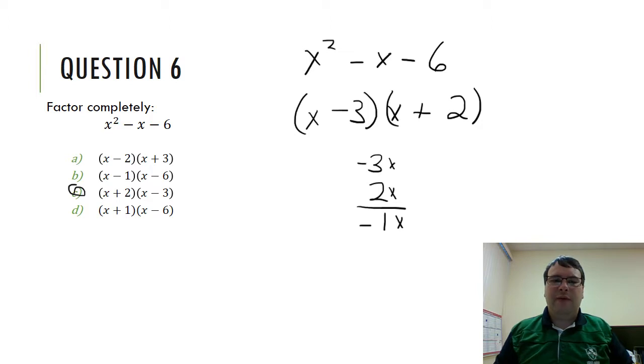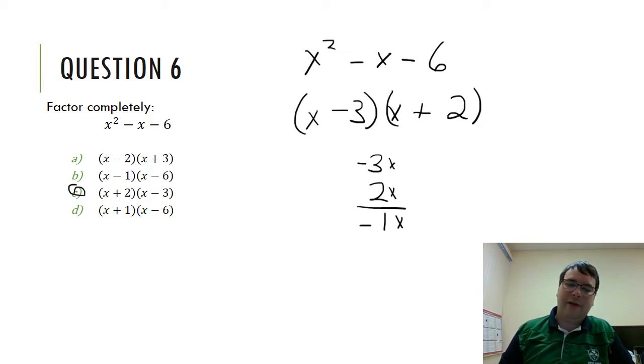Let's look at number 6. It says factor completely, and then it gives us x squared minus x minus 6. So I'm dealing with x squared minus x minus 6. Well, since we're factoring, let's get some parentheses. What times what would give me x squared?